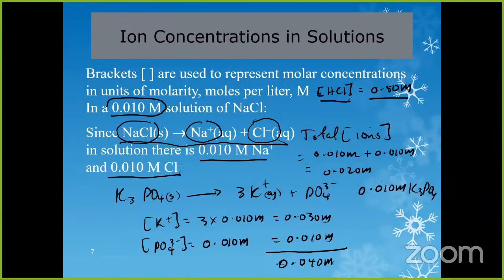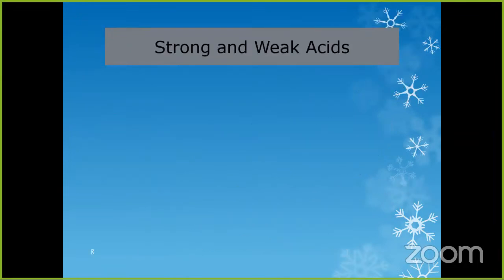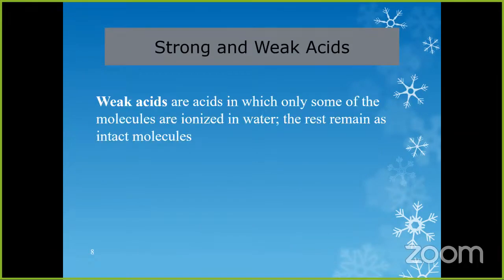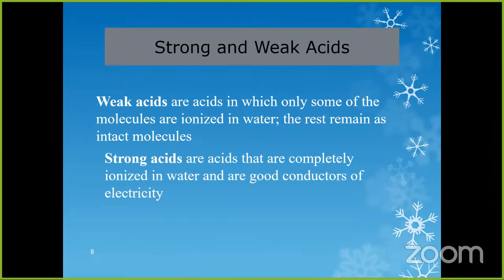Continuing our discussion of chapter 4, we talked about strong and weak electrolytes. Basically, the same principle applies to strong and weak acids. A weak acid is one where, when added to water, only some of the molecules dissociate.